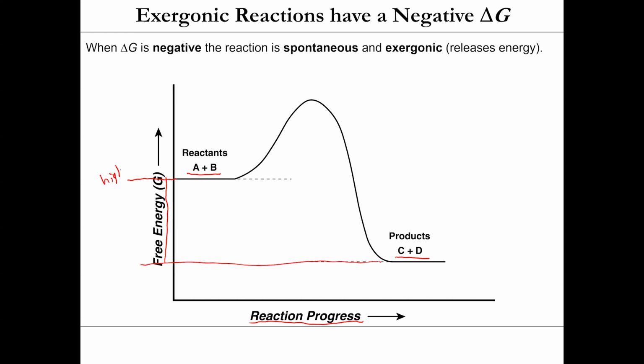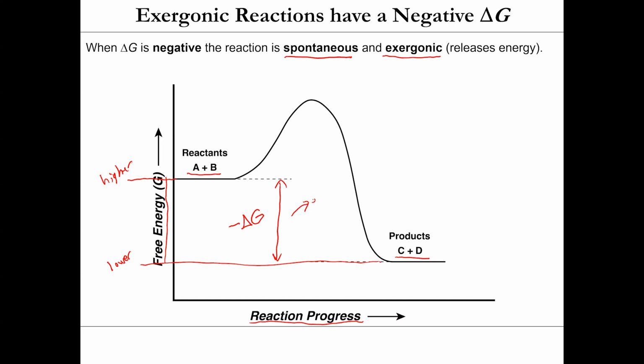So this reaction is going to have a negative delta G because we're having lower free energy at the end than we're going to have in the beginning. So when the delta G is negative, the reaction is going to be spontaneous and it's going to be exergonic. So it's going to release energy.